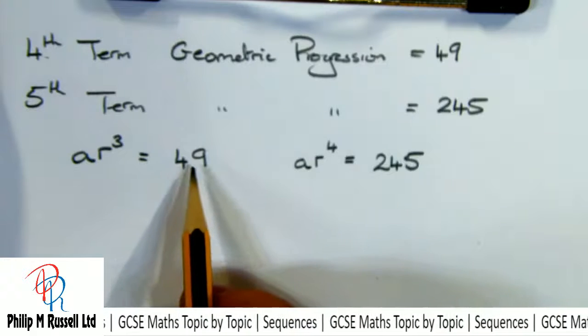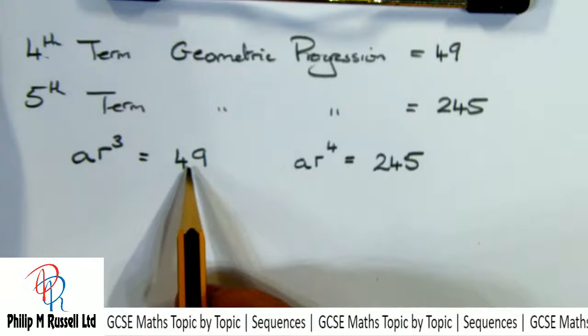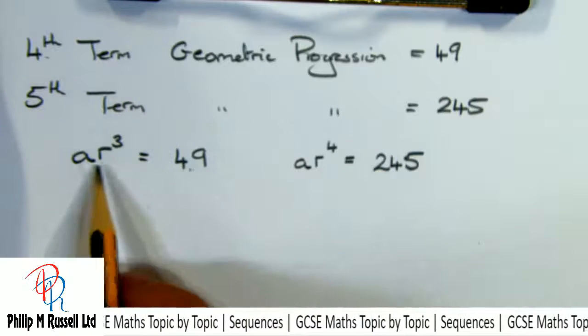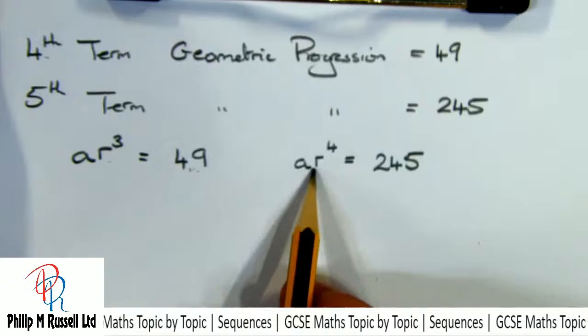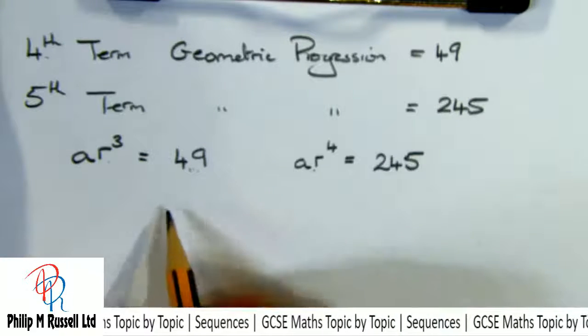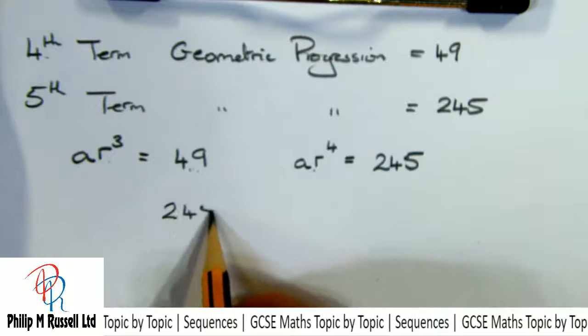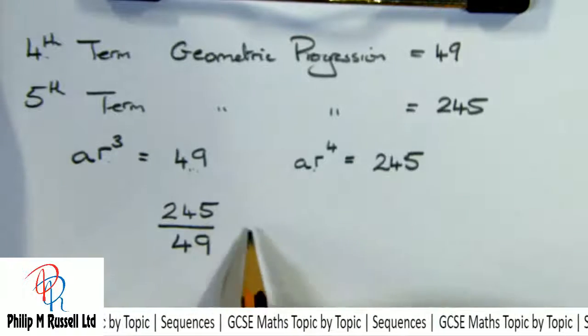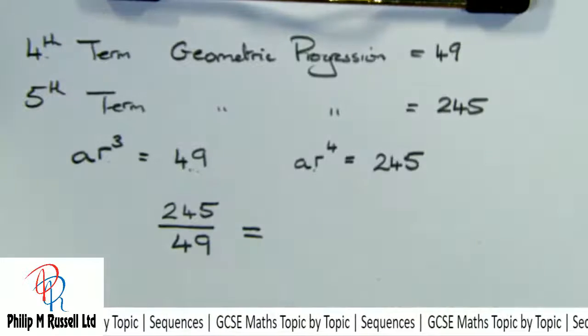So somehow I've multiplied this number by my common ratio to get my next number. So simply now I could divide 245 by 49 and get my answer.